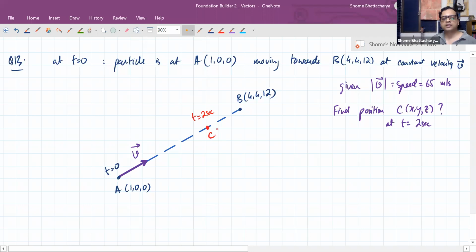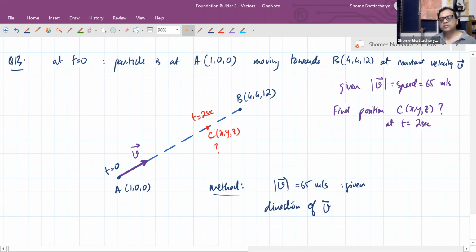So we have to just find the coordinates of that. Okay. So I will tell you the method and you try this out. So what you do is, the magnitude of V is given to us, okay, and the direction of V is along the line AB.